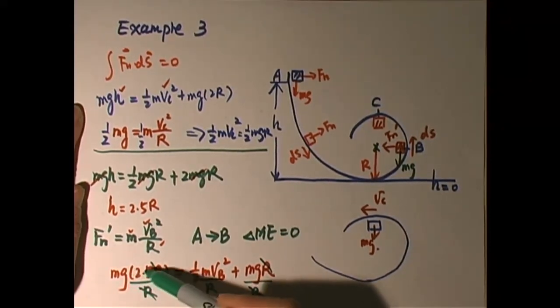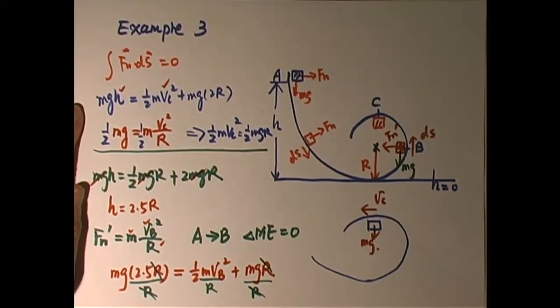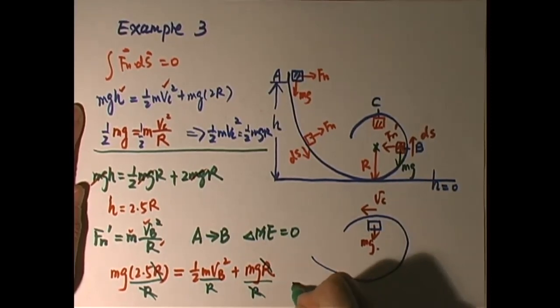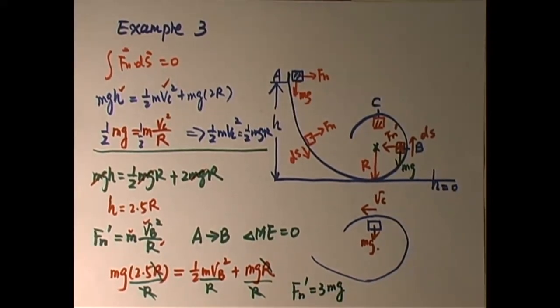Here's 2.5 mg, here's 1 mg, so the left side is 1.5 mg left. Both sides times 2, that will be 3 mg. So the result is Fn prime equals 3 mg, isn't it? That's very interesting.